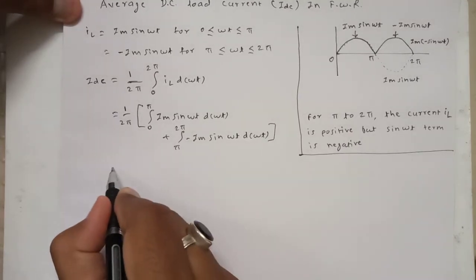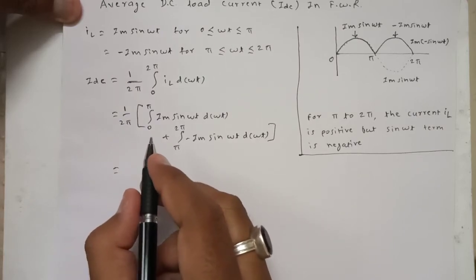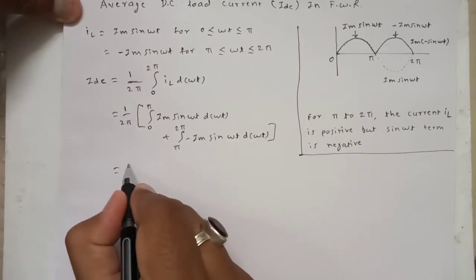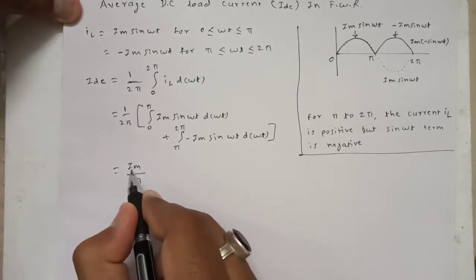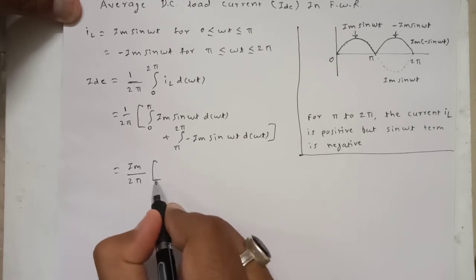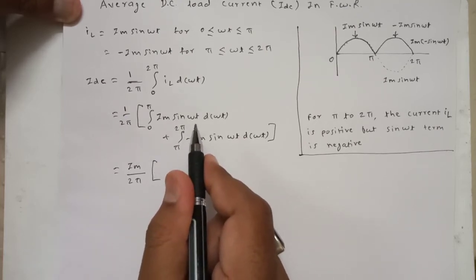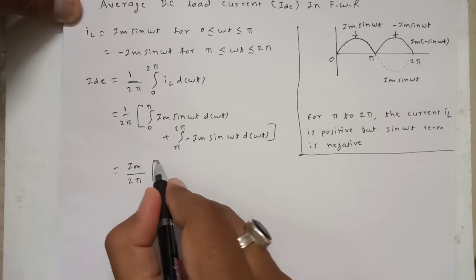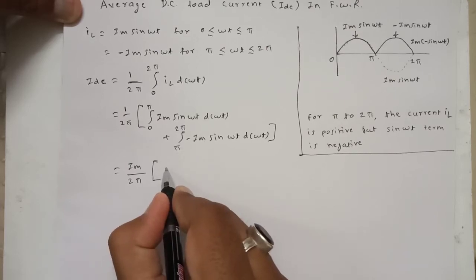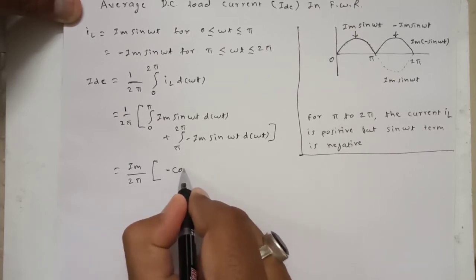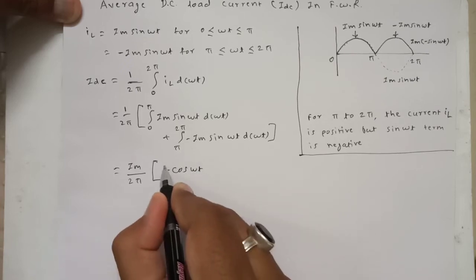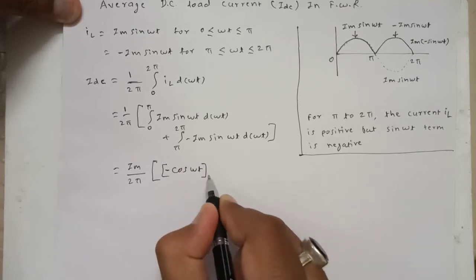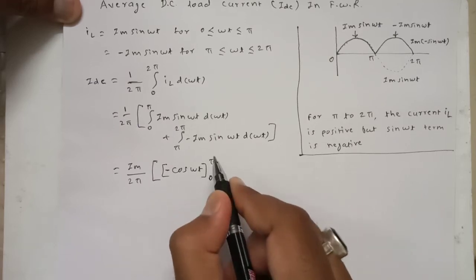So this is the equation for the average DC load current. Now we will solve this equation. We can take Im outside, so we are left with Im by 2 pi in bracket. Now the integration of sine omega t is minus cos omega t, and we have to put the limits here, from 0 to pi.